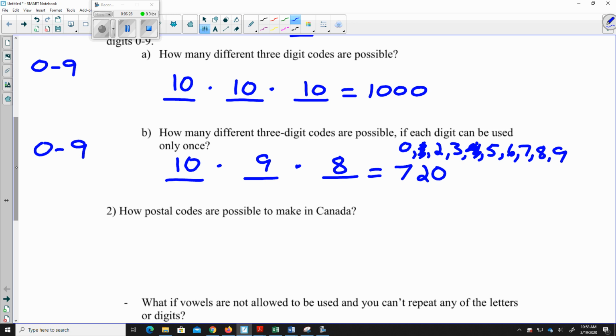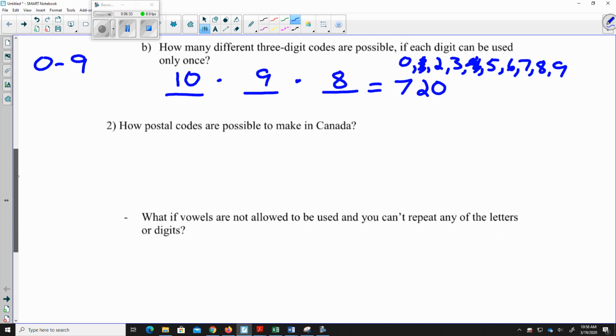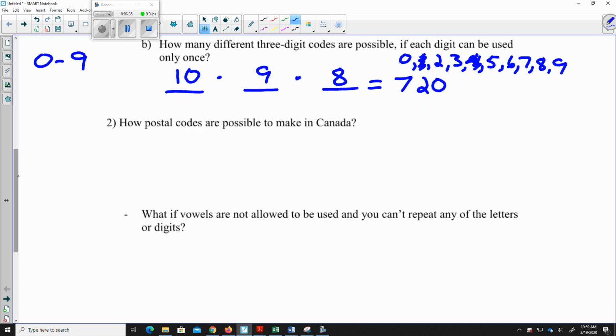Now, let's look at another example. How many postal codes are possible to make in Canada? So remember, postal codes go letter, number, letter, number, letter, number. So let's count this out.